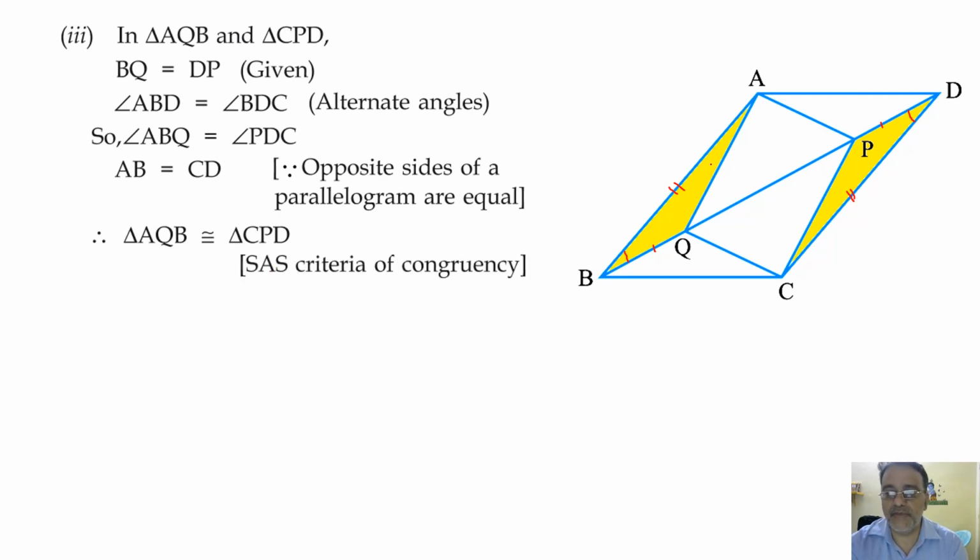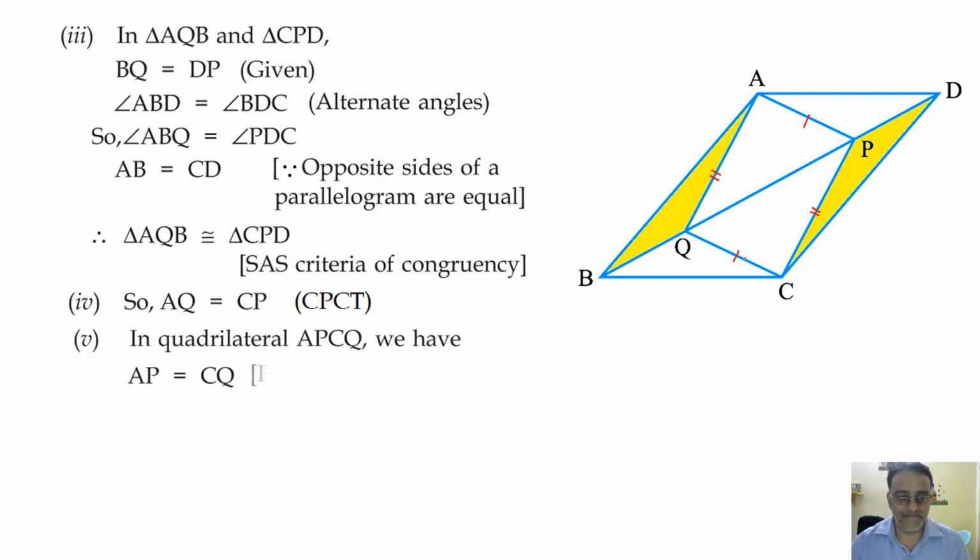Now in the fourth bit, we had to prove AQ is equal to CP by CPCT. Now in the fifth bit, we have to prove that APCQ is a parallelogram. That is also very easy. Look carefully, we have already proved AP is equal to CQ, and AQ is equal to CP. That means opposite sides of quadrilateral APCQ are equal, and we know that a quadrilateral is a parallelogram if its opposite sides are equal.